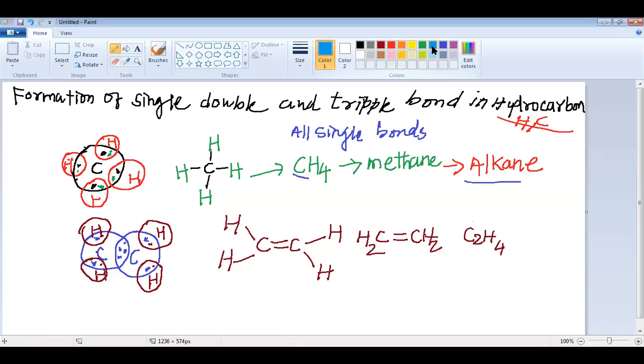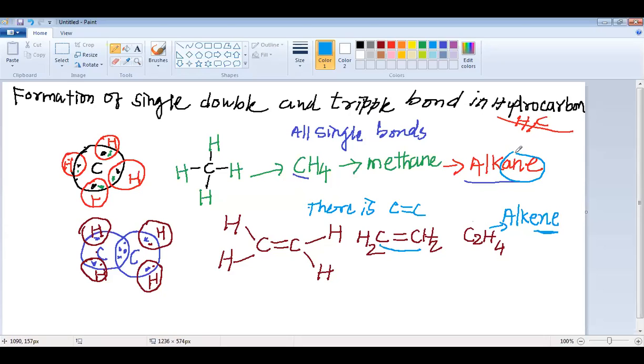Here you can see, my dear students, that there is a double bond. C double bond C is present over here. As this C double bond C is present, this is nothing but your alkene. Please try to understand this difference.